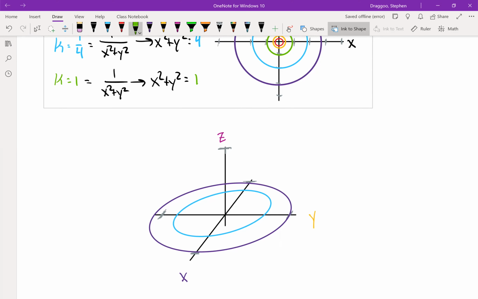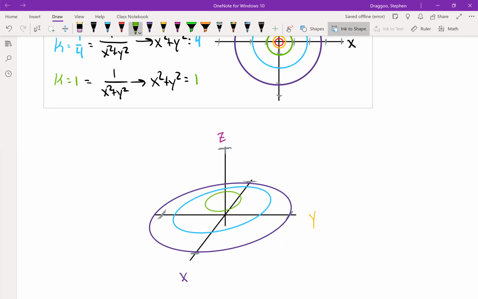We're rising up the z-axis, so it should be getting taller. Maybe let's just move that up the z-axis. There we go. Maybe that looks about right. Maybe that blue circle should move up the z-axis a little bit too. All right, cool.